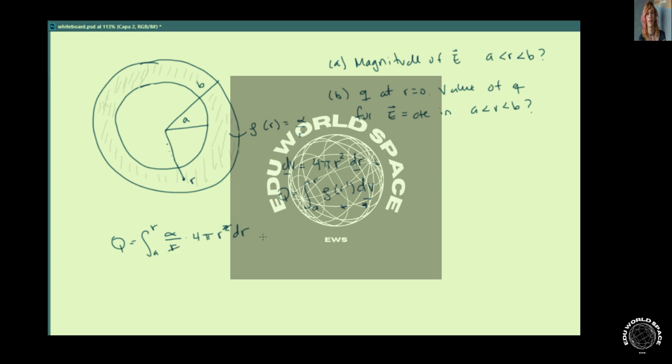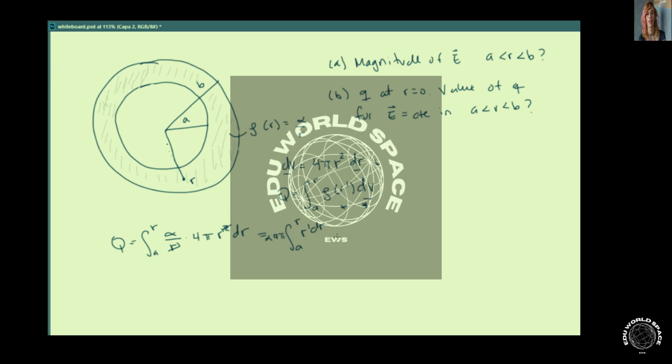I can eliminate one r, and then I find this is the integral from A to R. I can leave the constants out of the integral, so this is alpha 4 pi times the integral of r prime dr prime.